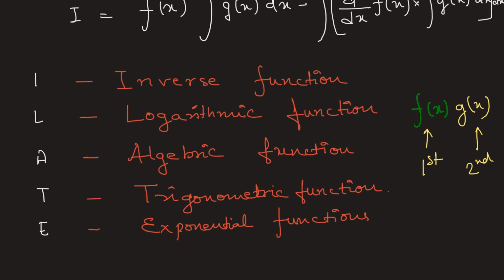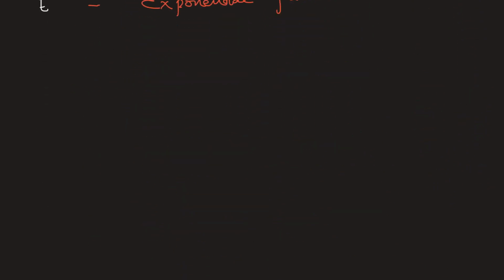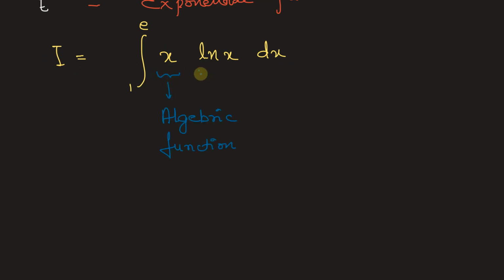Now let's see in our given problem how we find the integral using integration by parts. The integral given to us is the integration from 1 to e of x into ln x into dx. Let's say this is I. We can see that x is an algebraic function and ln x is a logarithmic function.